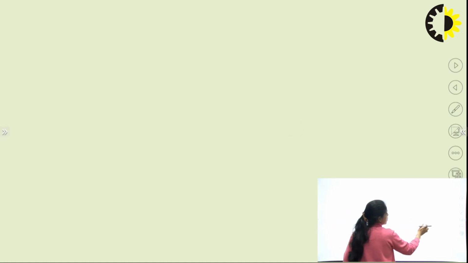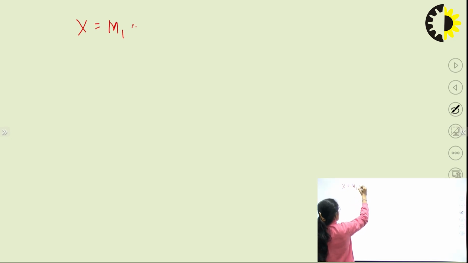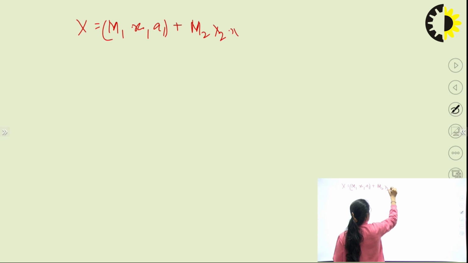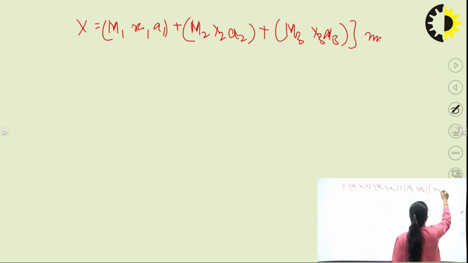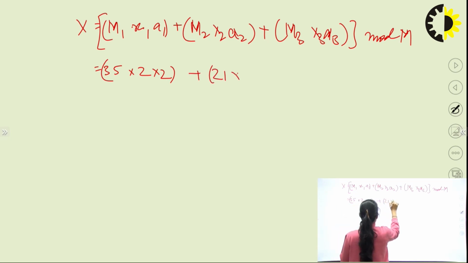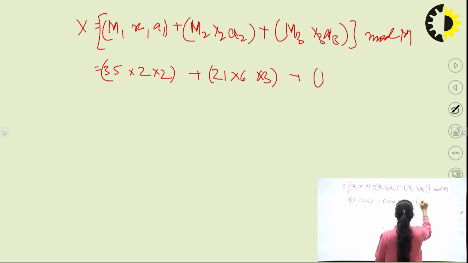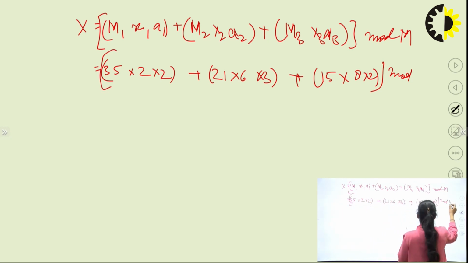The value of X equals M1 X1 A1 plus M2 X2 A2 plus M3 X3 A3, mod capital M. So the values are 35 into 2 into 2, plus 21 into 6 into 3, plus 15 into 8 into 2, mod 105.